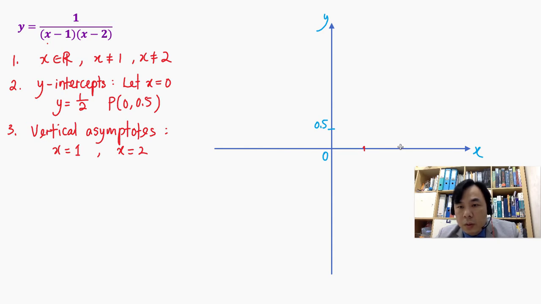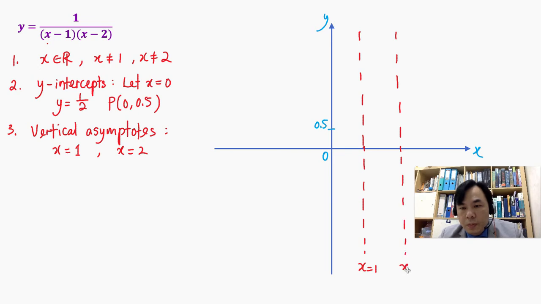So we're going to put it down here roughly. So this one will be our vertical asymptote number 1. This is x equal to 1, and then we have another vertical asymptote, which is, did I get it right? Yeah, x equal to 2. Okay, so those are our asymptotes here, x equal to 1 and x equal to 2 here, right?